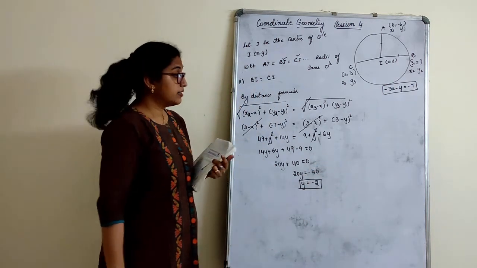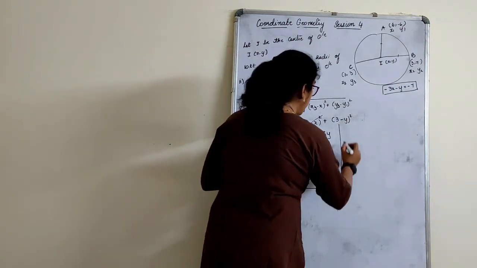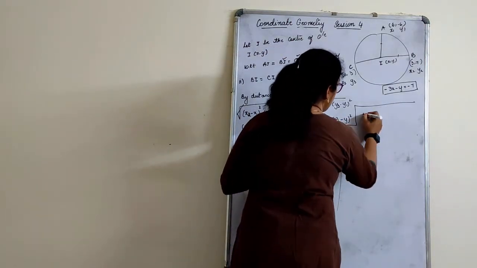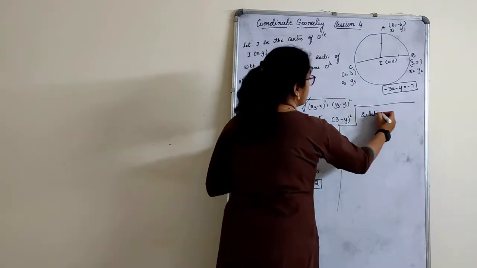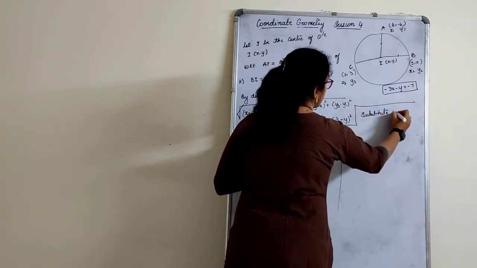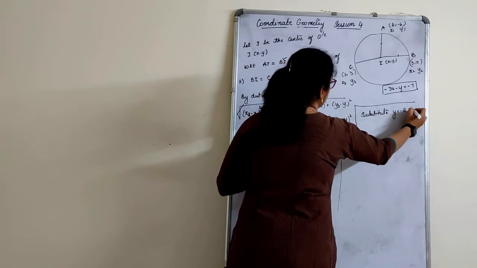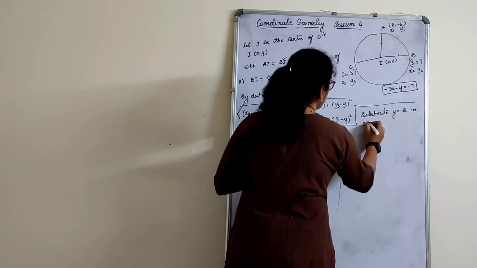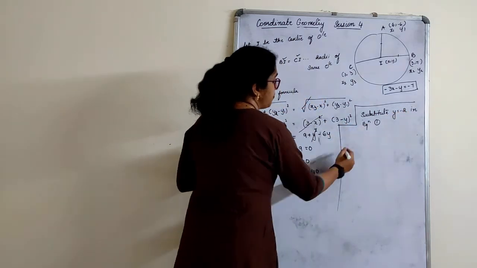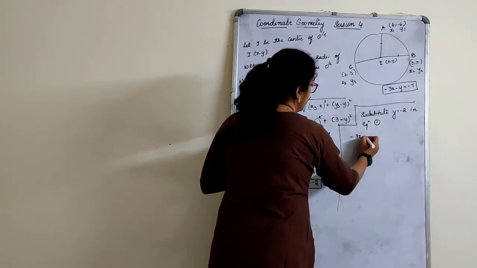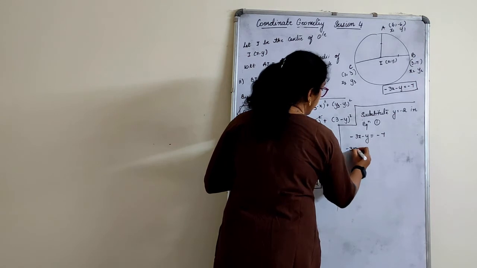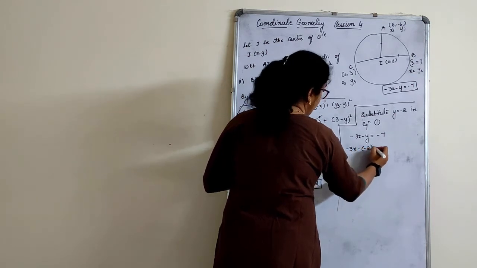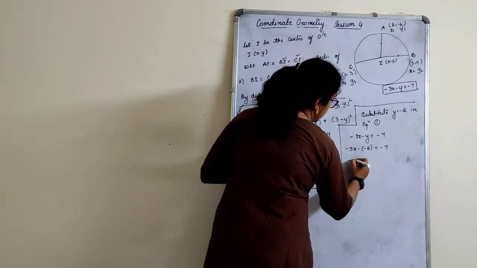Right? Let us substitute this value in equation 1. Substitute y is equal to minus 2 in equation 1. What is equation 1? Minus 3x minus y is equal to minus 7. Minus 3x minus of minus 2 is equal to minus 7.